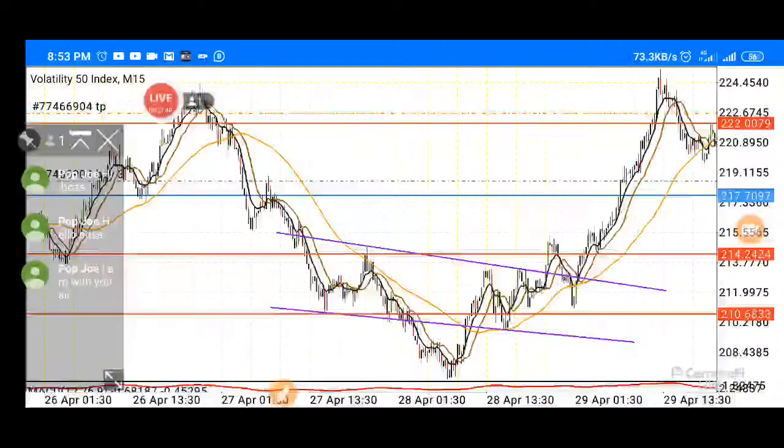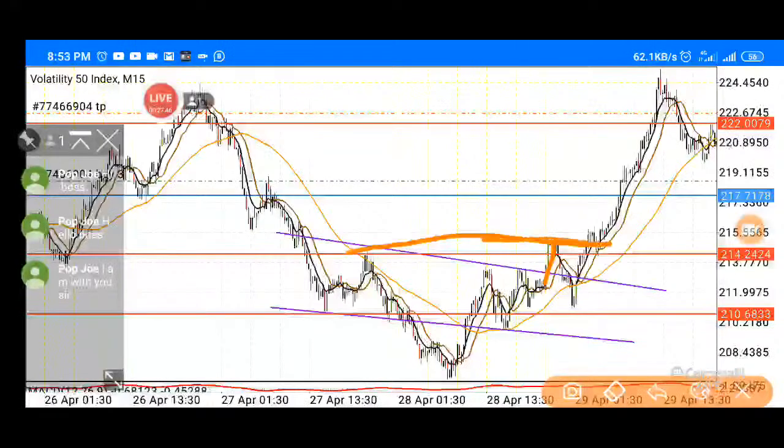You can see this market after breaking out this level, though we know it seems it has respected this resistance, right? But if at all it will respect this resistance, it shouldn't go up to this level. See what happened there. That's pure manipulation.